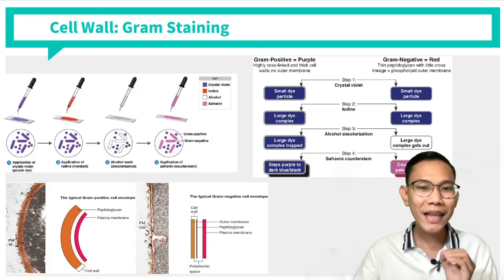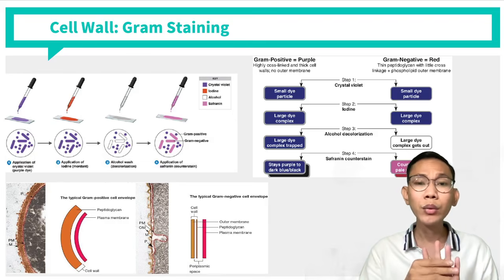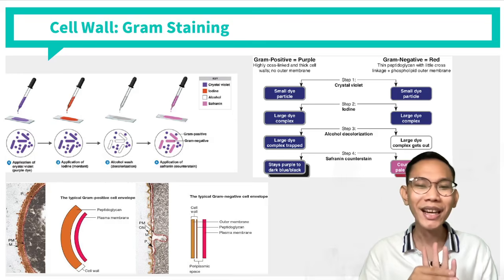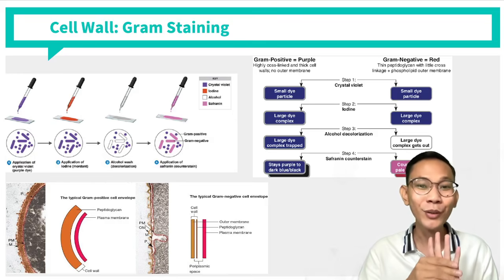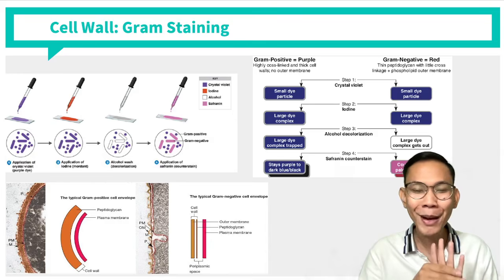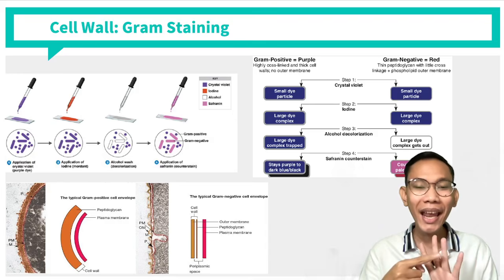So again, pag sinabi natin gram staining, dalawang result, gram positive and gram negative. There are 4 reagents that we are going to use in your gram staining. Remember the mnemonic VIAS. I know all the medtechs know about this. So your VIAS, not bias in your K-pop, but the letter V. V-I-A-S.